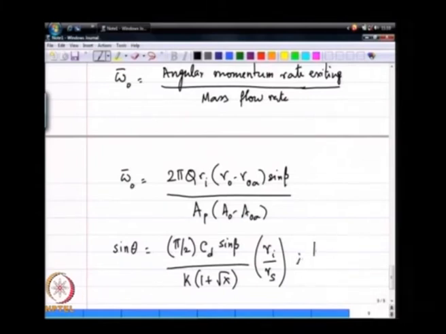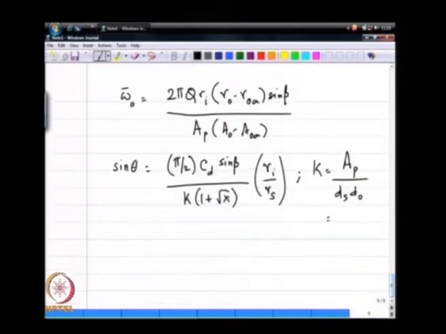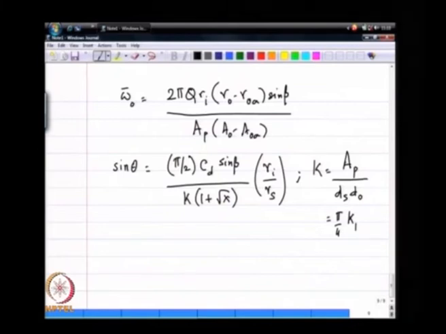In here I have added another k, which is essentially A p divided by d s d0. It is simply pi over 4 times the k1 that we had defined earlier. We had defined k1 as A p divided by pi r s r0, k is just pi over 4 k1.